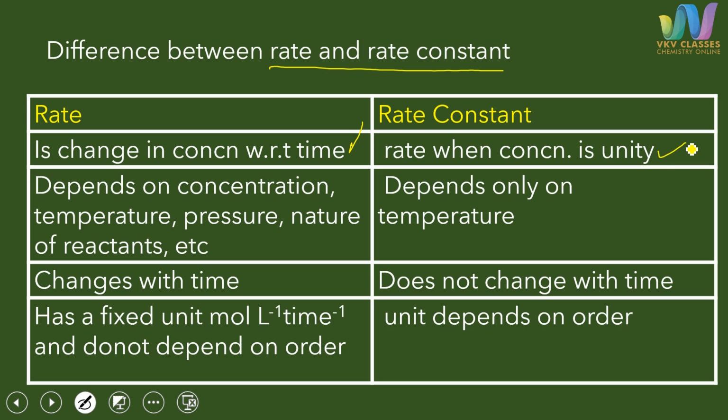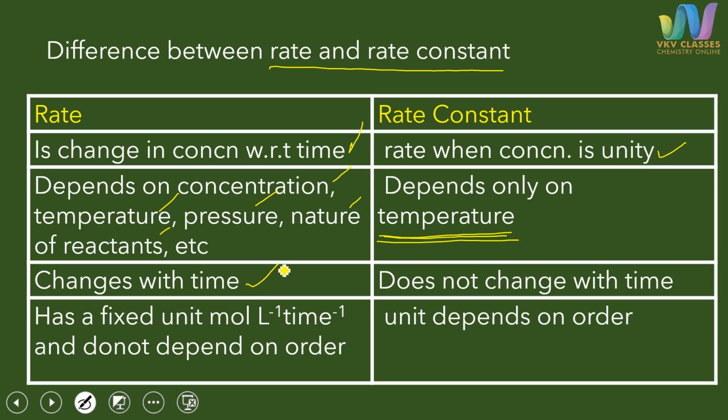The most important thing is that rate depends on concentration, temperature, pressure, nature of the reactants, etc. While the rate constant is a constant and depends only on temperature. Concentration, pressure, nature of the reactant, etc. have no effect on the value of rate constant.